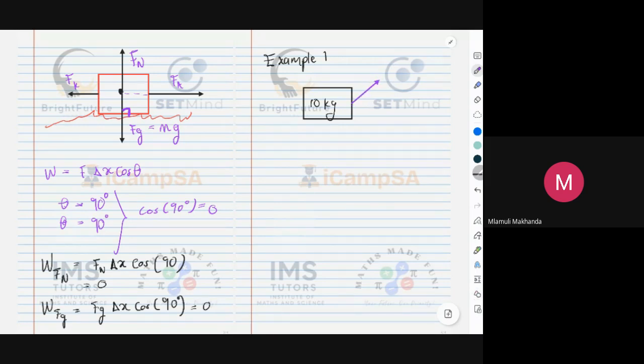This is 100 newtons. But now this is on a flat surface, right? In this case, what would be the work done by our applied force? So say here you have 60 degrees, the angle between the surface and your force.